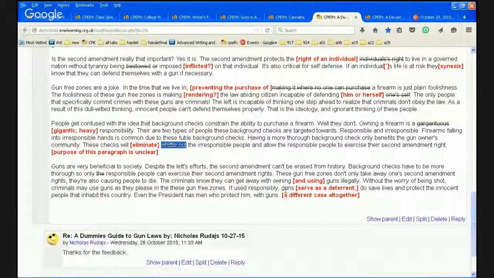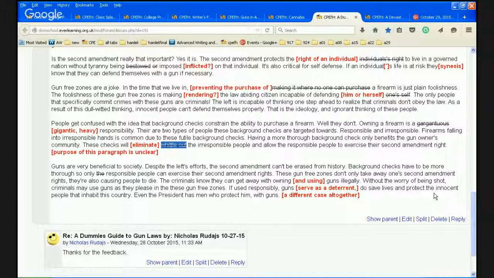If used responsibly, guns serve as a deterrent, and indeed, they would. That's the difference between a gun-free zone and one that isn't. Presumably there may be guns there that do serve as a deterrent. Even the president has men to protect him with guns. I don't think we can draw a parallel there and make it stick.